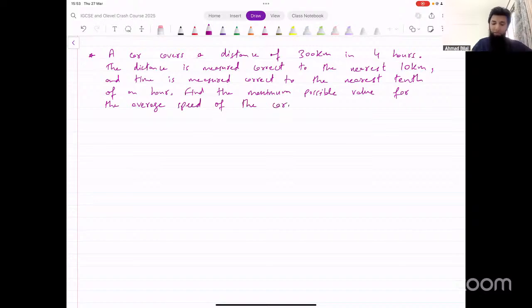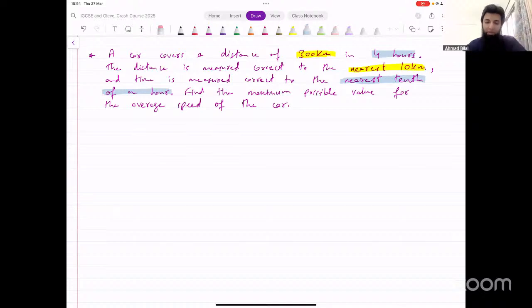This is the information that we're given, that the car is traveling a distance of 300 kilometers in 4 hours. Distance is correct to the nearest 10 kilometers, 300 to the nearest 10 kilometers, and 4 hours to the nearest tenth of an hour. We need to find the average speed of the car.